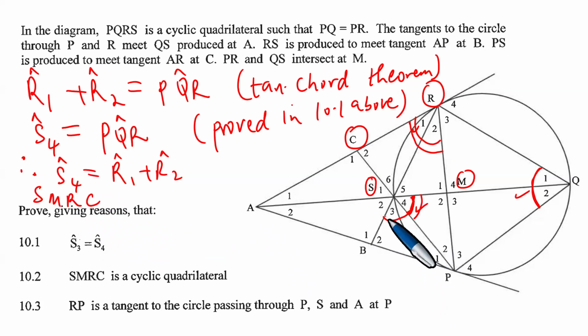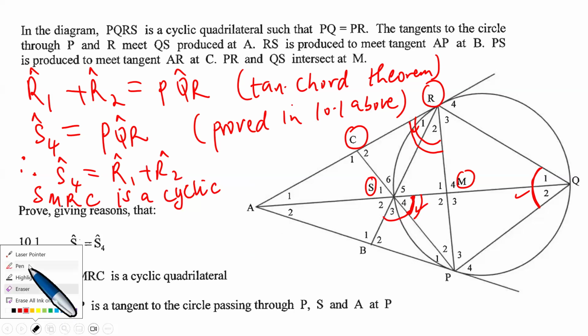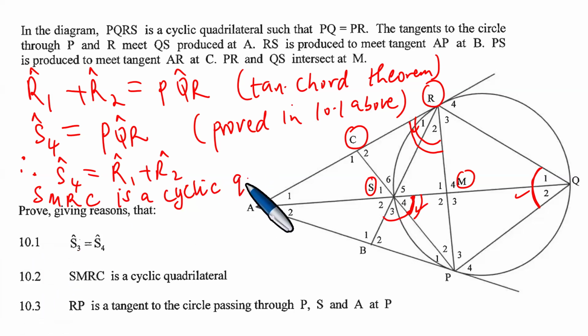Okay, right, is that SMRC is a cyclic quad. It's a cyclic quad. Why? We're going to analyze that together just now. Why is SMRC a cyclic quad?